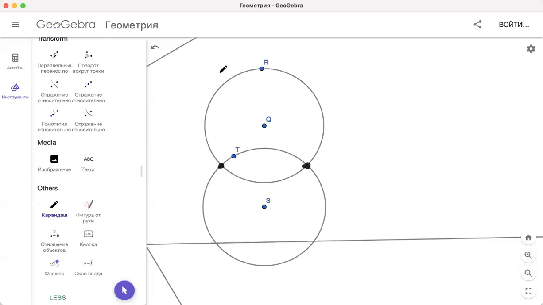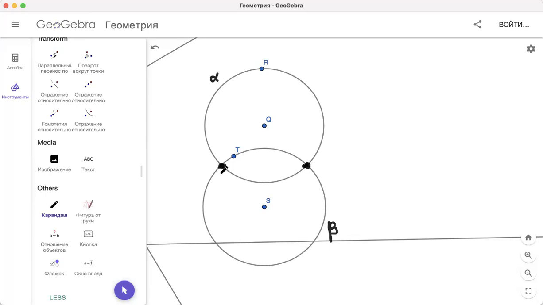Let me denote these circles by alpha, beta. And you consider their intersection points, and I'll consider these points also as conics or circles.